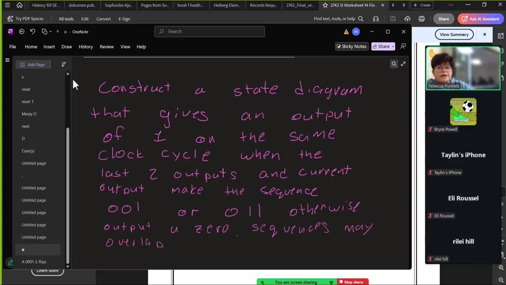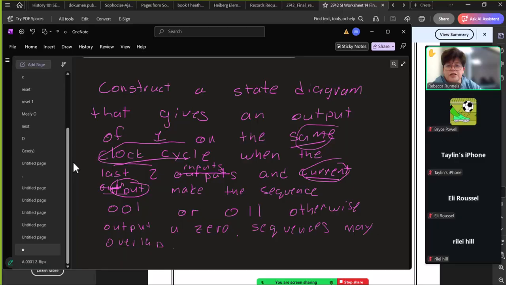The things you want to look for are same clock cycle and current input. Sorry, I should say input, not output: last two inputs and current input. So you want to look for current input and same clock cycle.